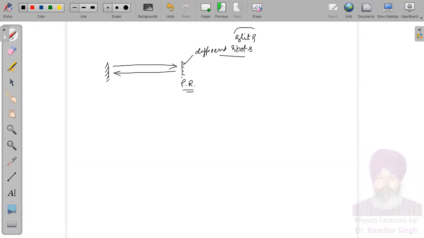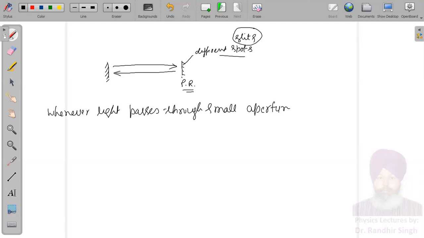These spots act as slits, and you know, whenever light passes through a small aperture whose size is comparable with the wavelength of light, then it bends.